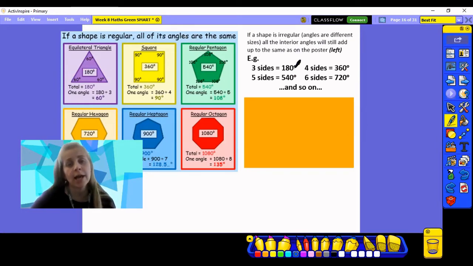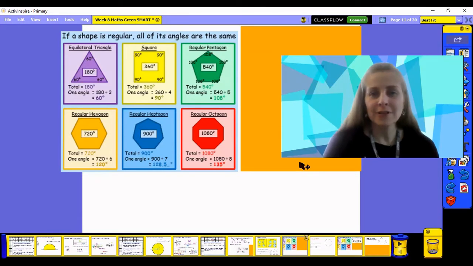So three-sided polygons will have interior angles adding up to 180, and four-sided, quadrilaterals, will always have total interior angles of 360, five-sided 540, six-sided 720, and so on.